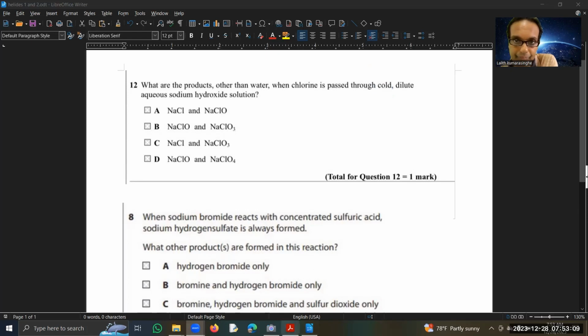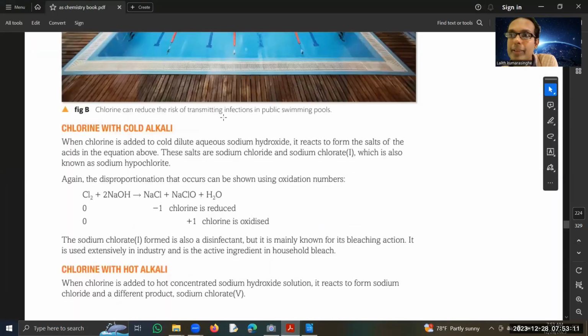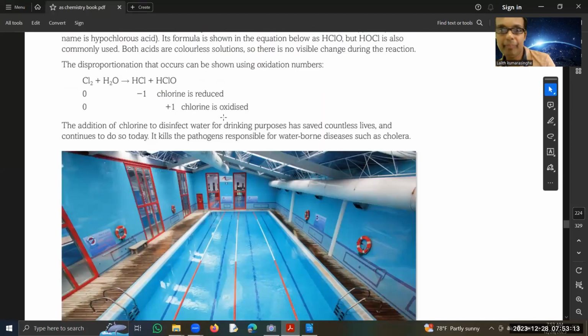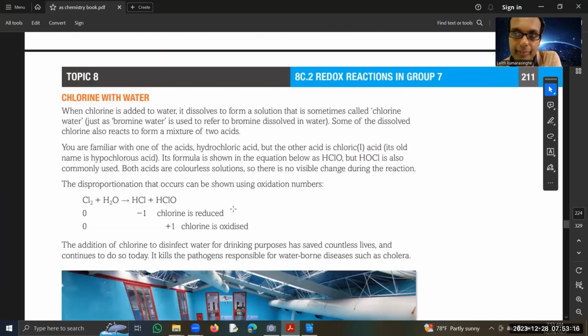If you have forgotten this, it's better you read these pages in your ACE level book, page 211.